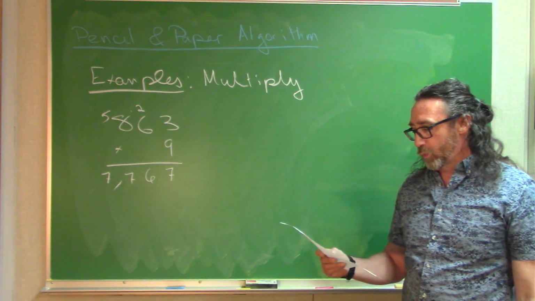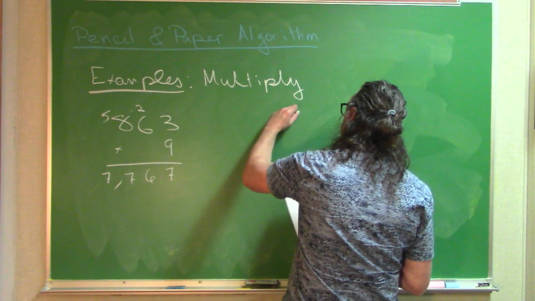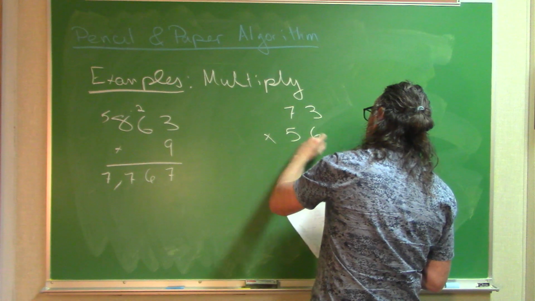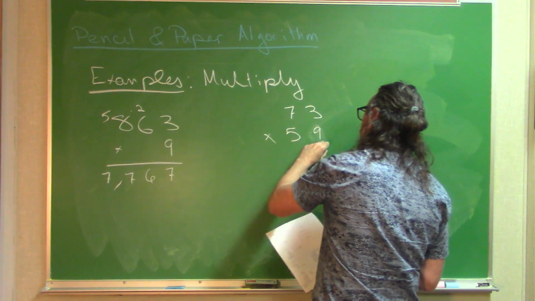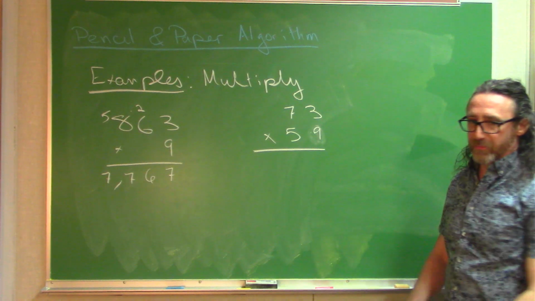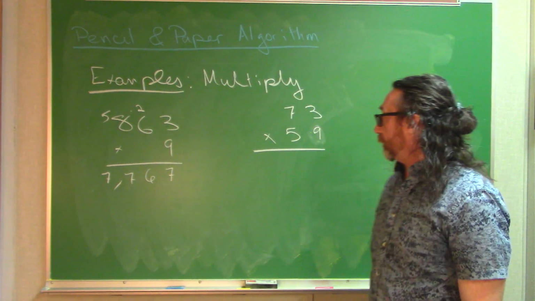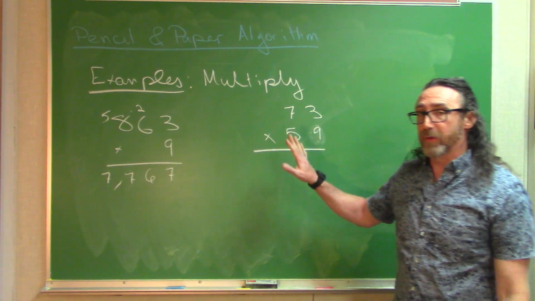Okay, let's go ahead and do this one right here. 73 times 59. We're going to start by ignoring the 5 for right now.